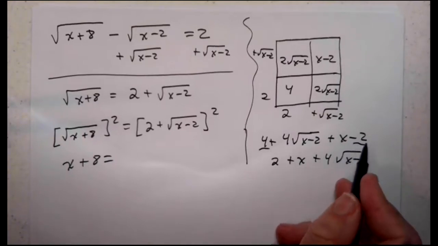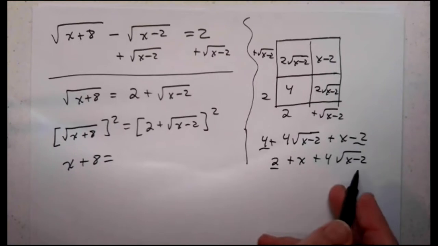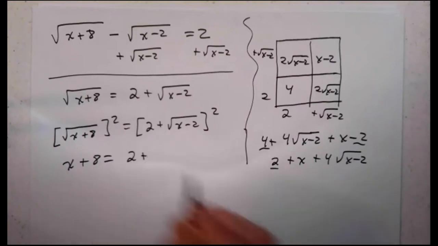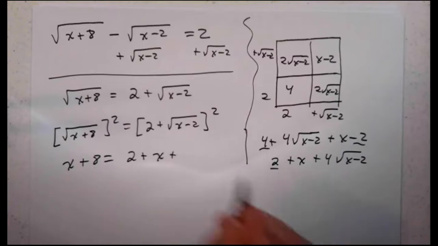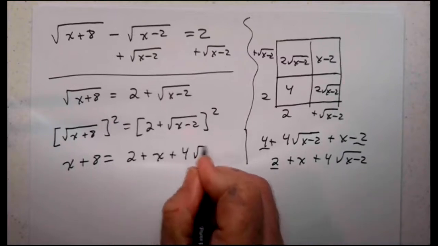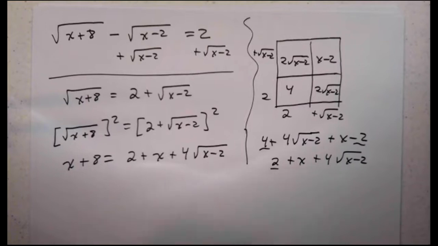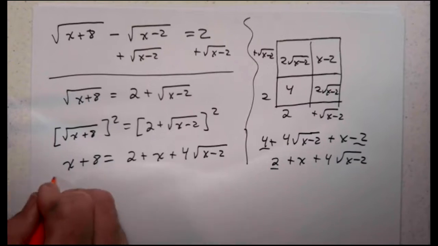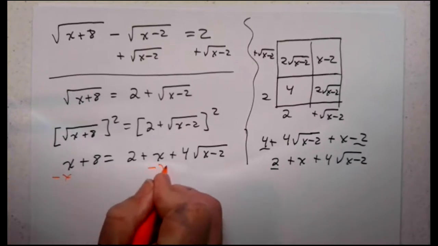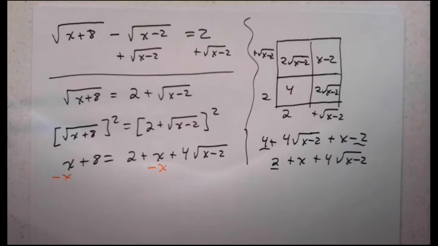Notice 4 minus 2 here is 2. There's your x, there's your 4 root x minus 2. So I get 2 plus x plus 4 root x minus 2. Now we will subtract x from both sides first, actually. Maybe I'll do this in stages.